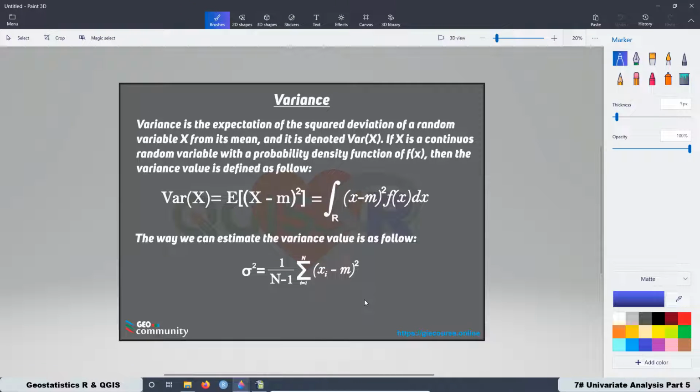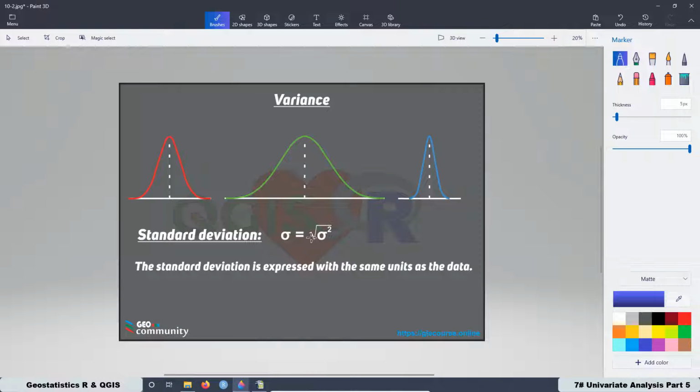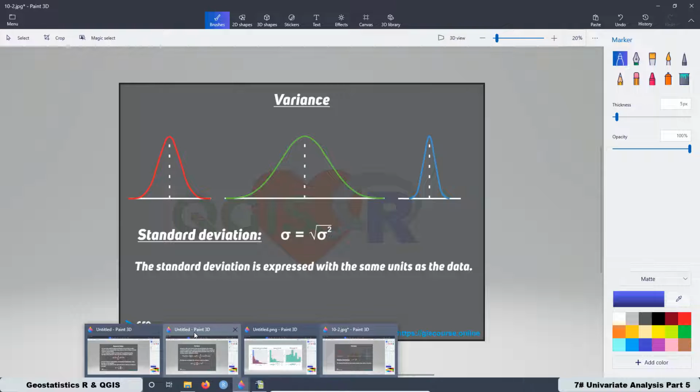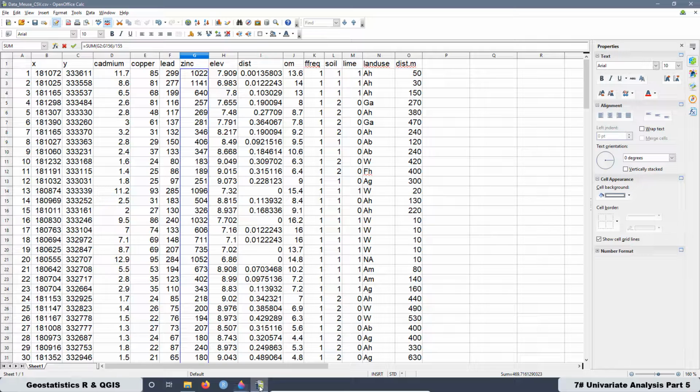Another important statistic that is associated with the variance is the standard deviation. The standard deviation is the square root of the variance, and one important characteristic of the standard deviation is that it is expressed in the same units as the data, okay? When we are doing the variance, we square the value, and then we don't have the same dimensions as the data, right?